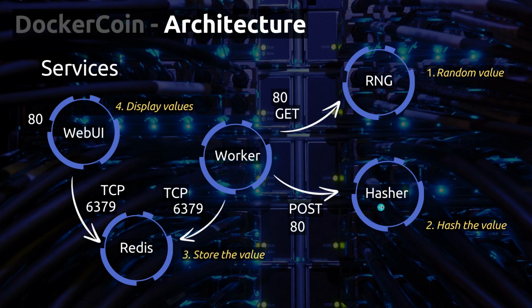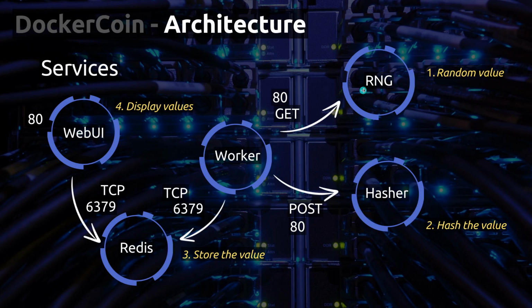Here this is the hasher, and each component, the RNG and the hasher, has a little web server to provide, like an API, their value: the random value or the hash of a posted value.